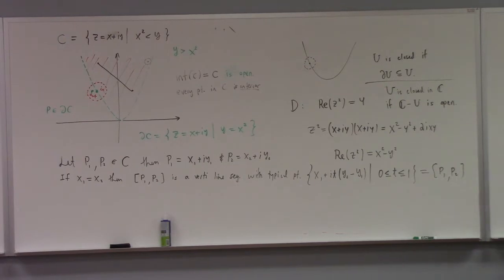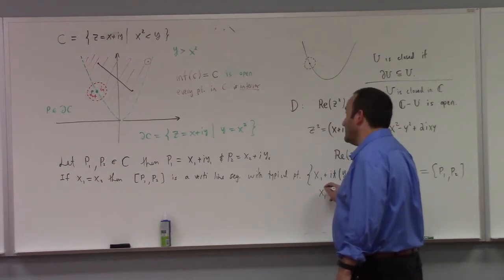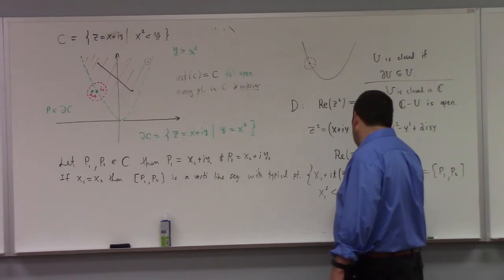So what is required then? We need to know that the segment from P1 to P2 is actually a subset of C. So what test does it have to meet? We need to know that every point on the segment satisfies x1 squared is less than t times the difference of the y's.